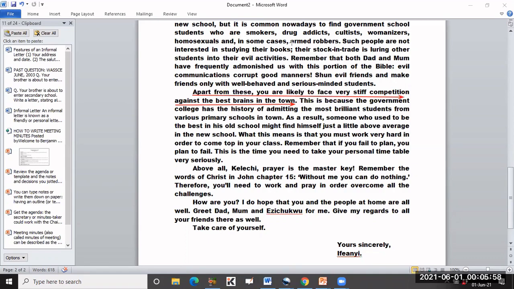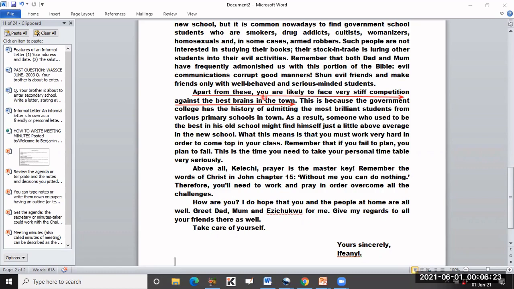Now, here comes our topic sentence. Apart from this, of course, this connective, you can choose any other one. You can say above all, or you can say finally, all right, or you can say moreover, or you can say furthermore, all right? So apart from this, you can also say additionally.